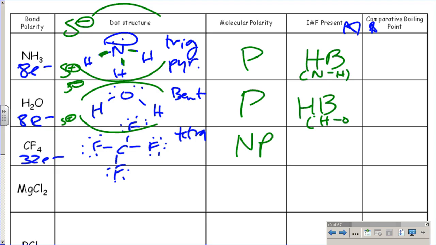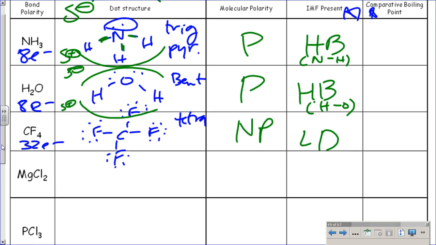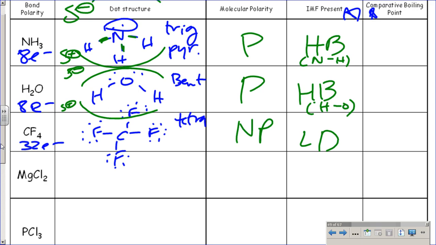H is bonded to O. Next one. Why London? That's the only IMF that's related to nonpolar molecules. Correct. All right, so you have to know if it's polar or nonpolar before you can even determine the IMF. So you just took your notes on IMF, so they should be right in front of you there. All right, so we're not going to do comparative boiling until we get through the whole shebang here.